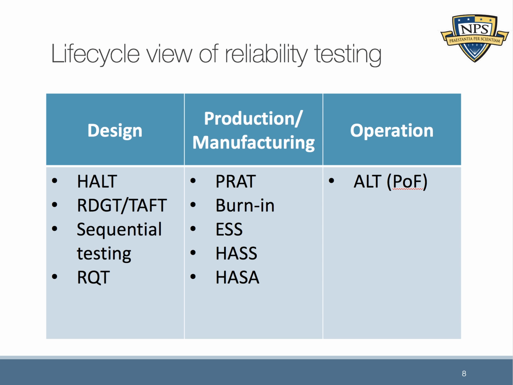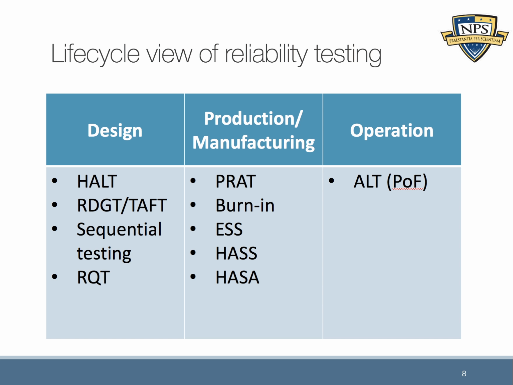In the production manufacturing phase, we'll do things like PRAT, burn-in, ESS, HASS, HASA, and these are primarily focused on eliminating defects or failures in the design, whether they're designed in, or in more cases, whether they're inserted as a result of the production process.